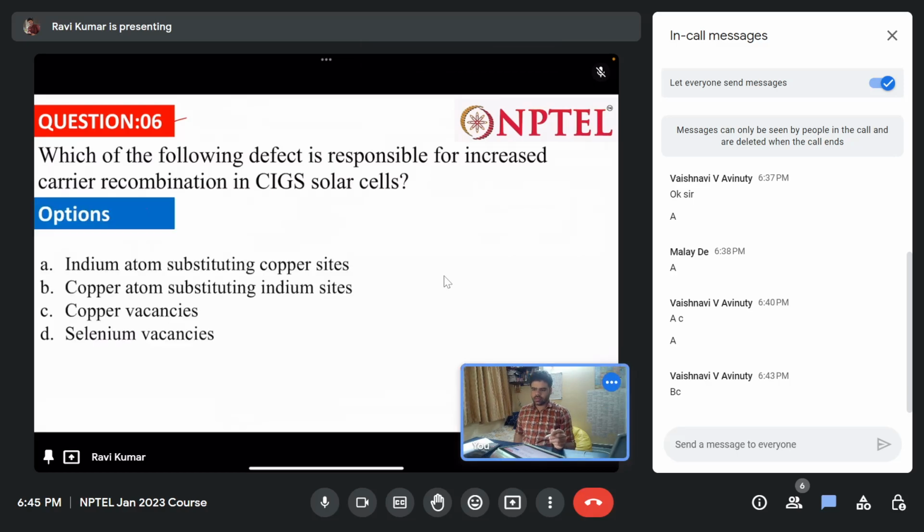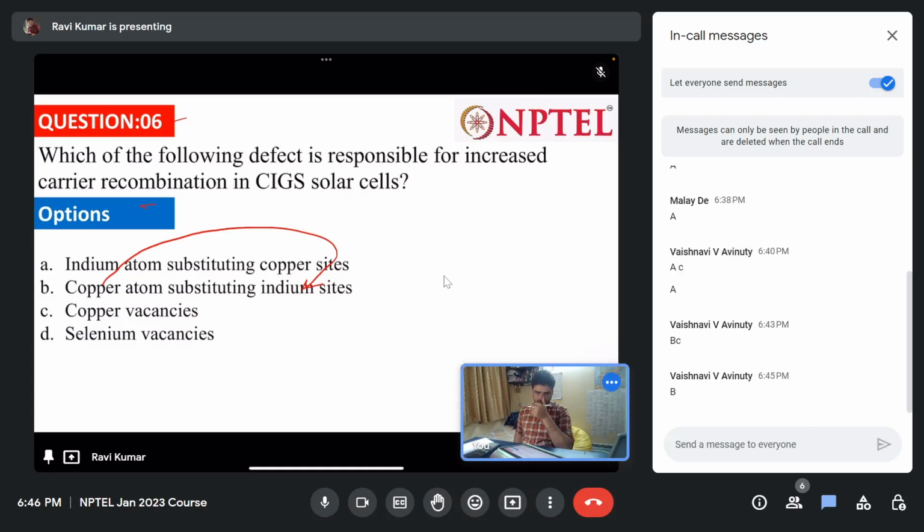Yes, copper atom substituting indium sites. Vaishnavi is also saying the same. Yes, B is the right answer.